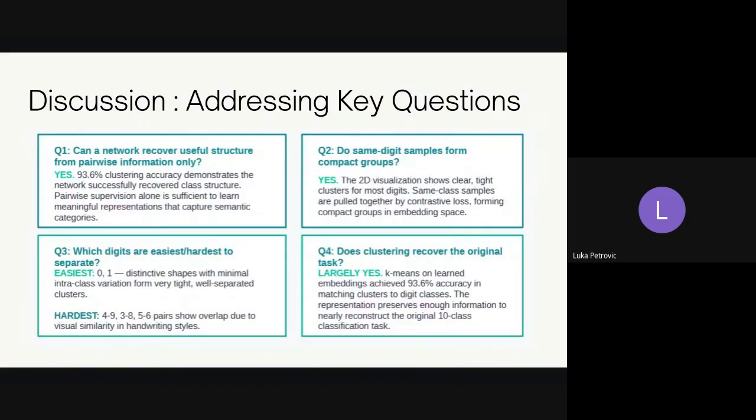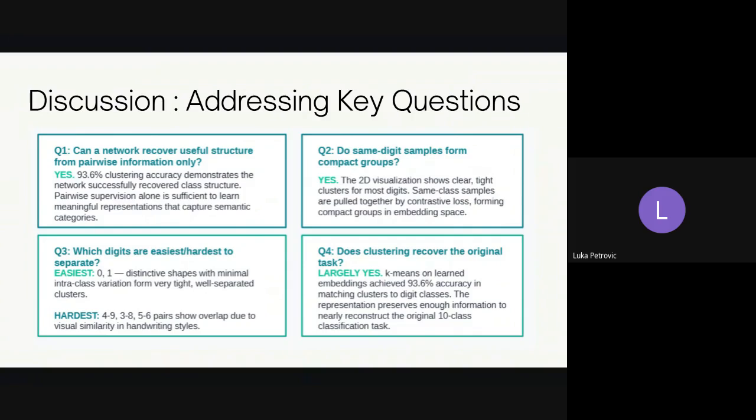These are questions we got, so I answered through my presentation. Can the network recover a useful structure from pairwise information only? As we saw before, with 93.6% clustering accuracy, we can still recover some good information. Next question: do samples from the same digit form compact groups in the learned space?